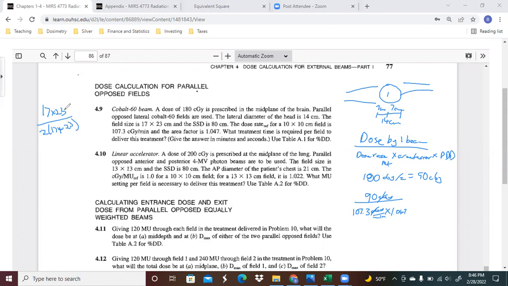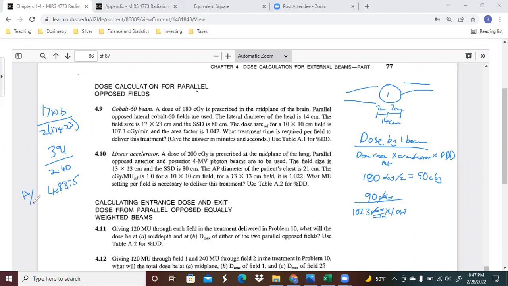So 17 by 23, if you multiply that out, ends up with 391. And that's going to be divided by 2 times 40. So in the end, that's going to be 4.8875. Now that's not going to be the field size.